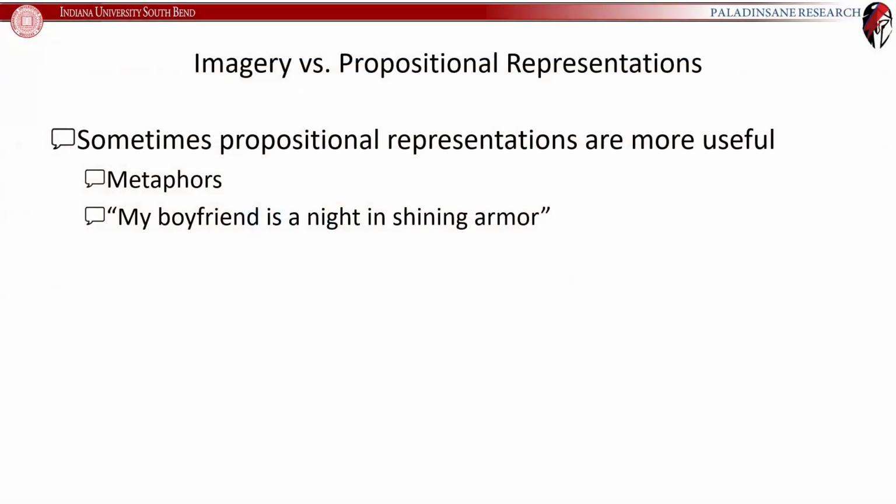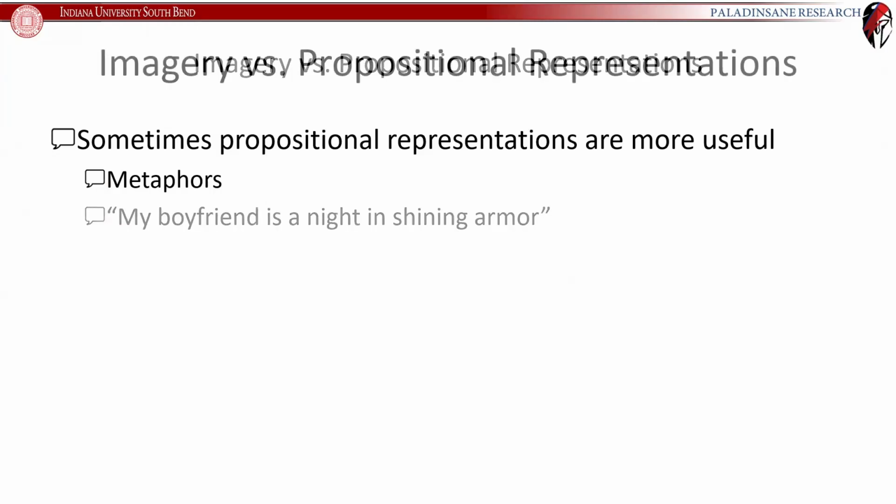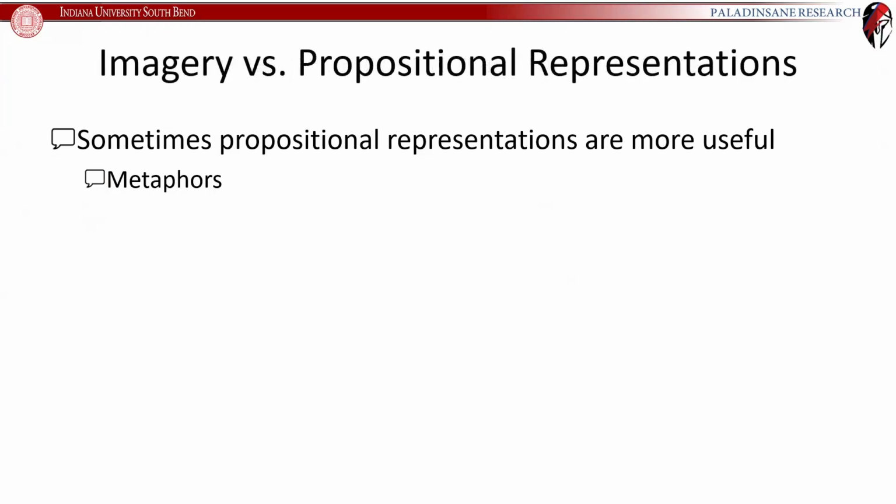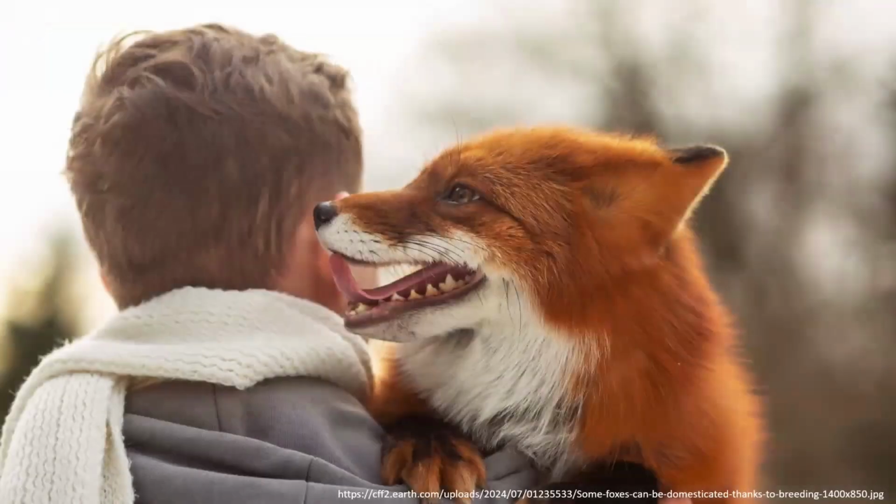So, other examples of metaphors where the propositional representation is more useful. Just to be equal opportunity here, we have the metaphor, my girlfriend is a fox. And again, very difficult to represent this in an imagery representation. If somebody said, my girlfriend is a fox, and you say, oh, really? Well, show me a photo. You're not expecting this, right? It's hard to get an imagery representation of it.